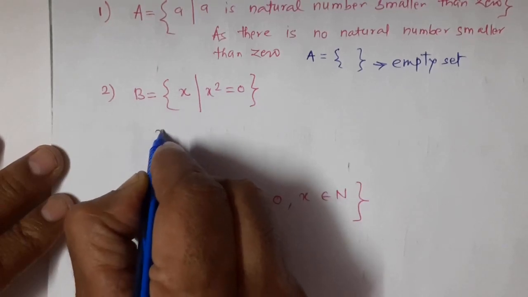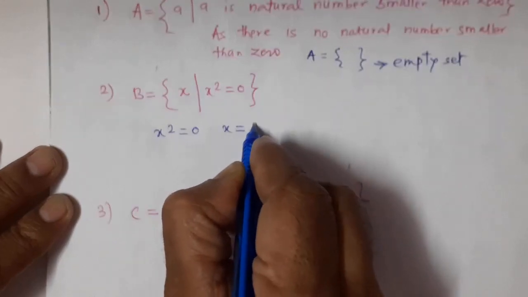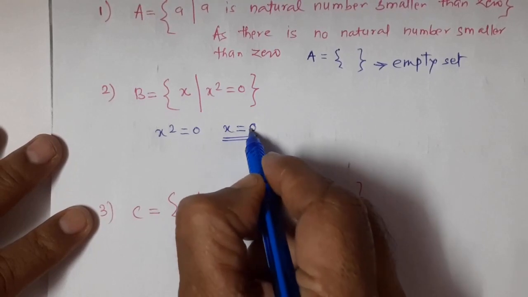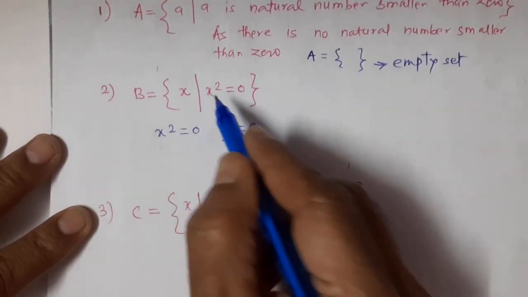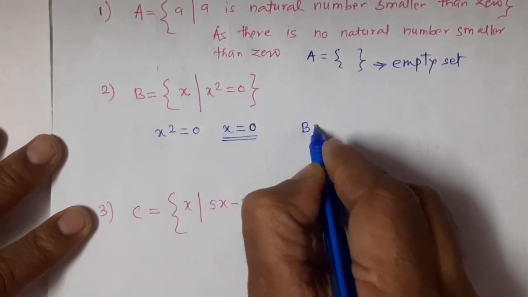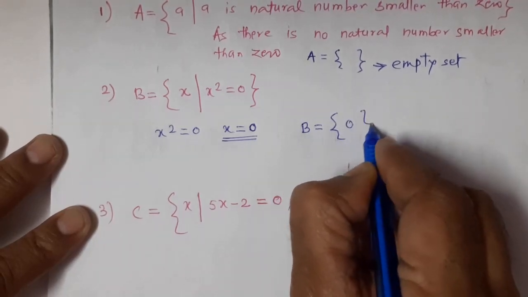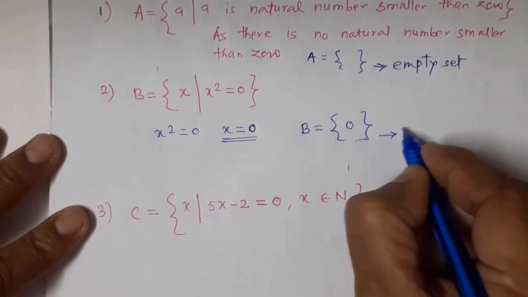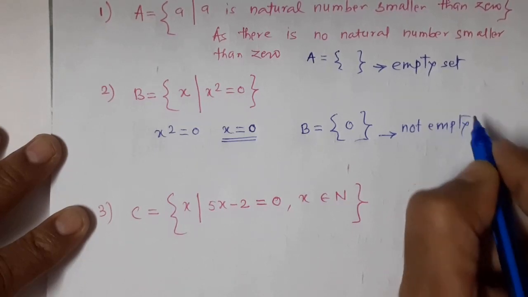As x square is equal to 0, we can write x is equal to 0. That means there is some element present in the set. B comprises some member whose value is 0. That is not empty. So this set B is not empty because it comprises the value x is equal to 0.